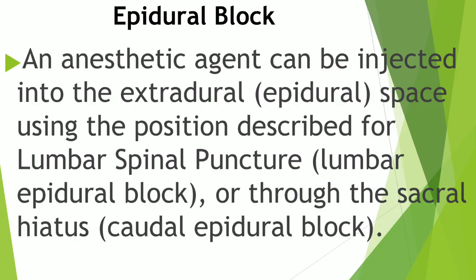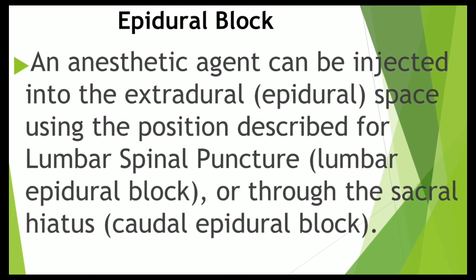You insert your needle, you go through the skin, the subcutaneous tissue, supraspinous ligament, interspinous ligament, and the ligamentum flavum. Then you get to the epidural space, where you're going to inject your anesthetic agent. That's for lumbar epidural block.